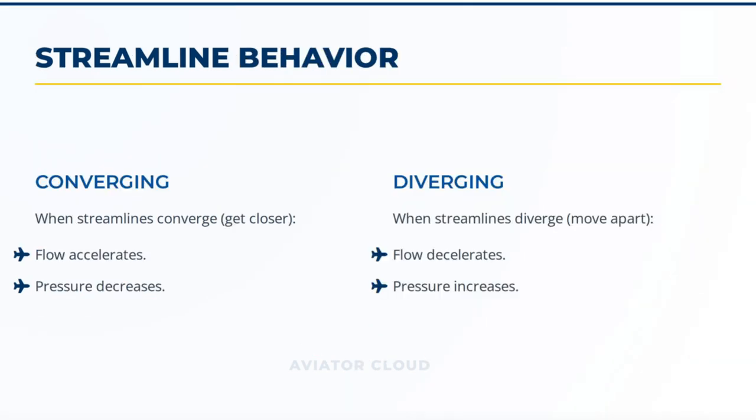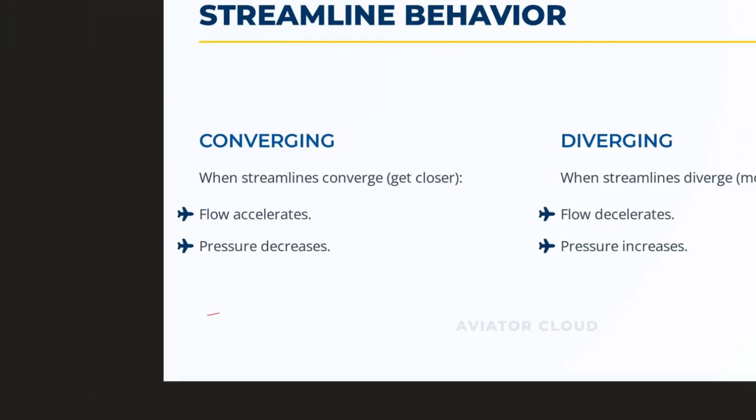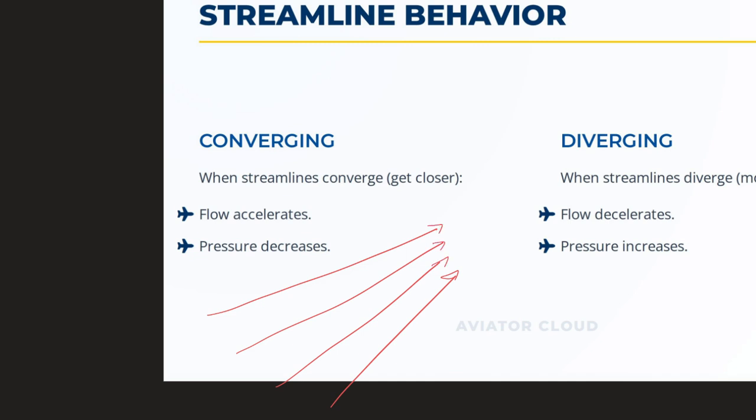Now what is converging airflow? Let's say this is an airflow. You see, these are streamlines only, but they are converging. When it converges, the molecule here has low speed, and this molecule will accelerate here.